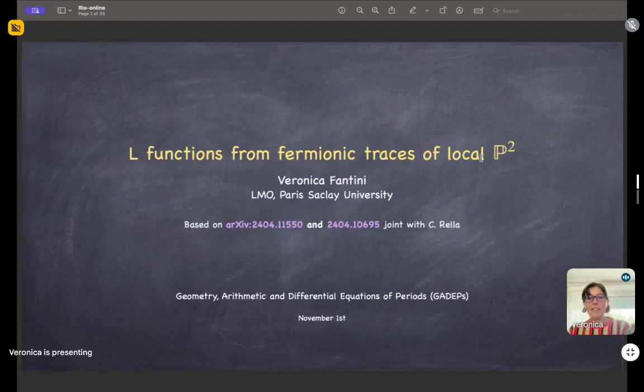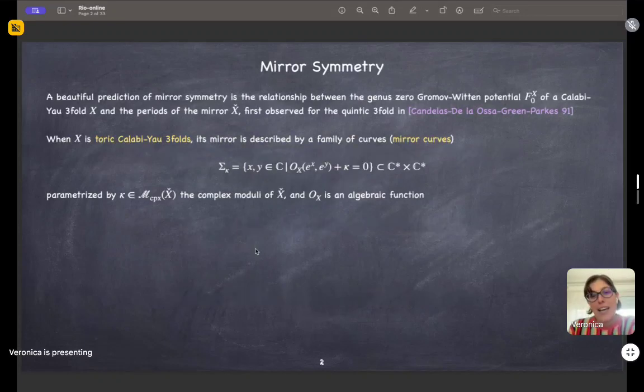To begin with, let me start from the geometry, and then I will introduce the fermionic traces and the L-function, one after the other.